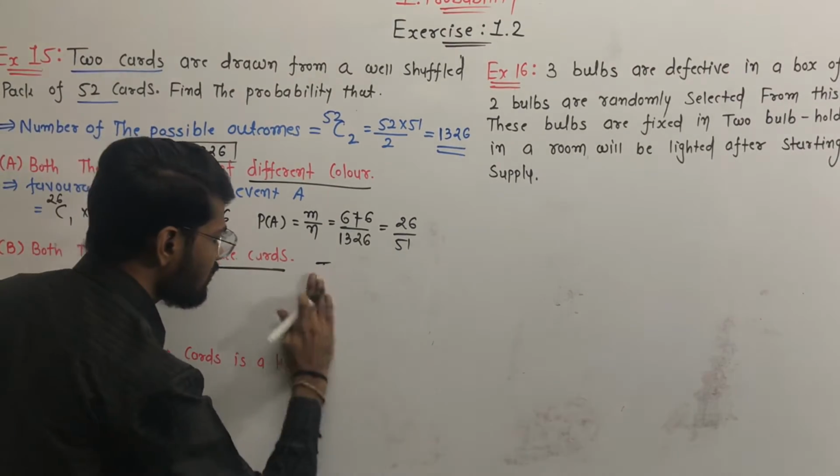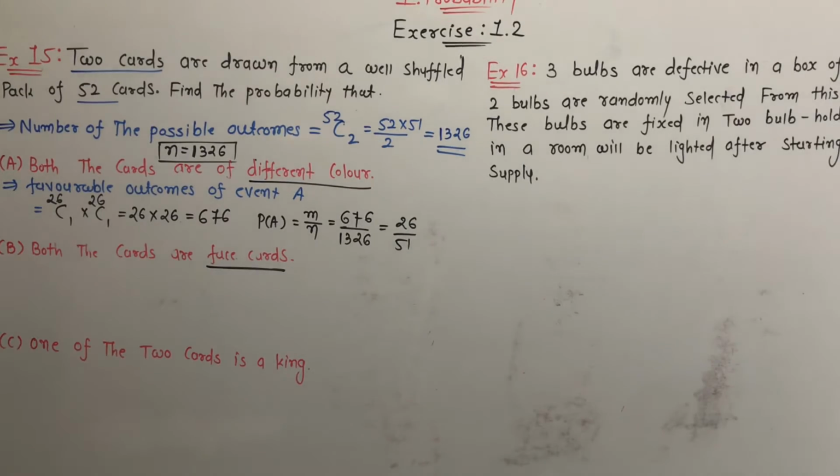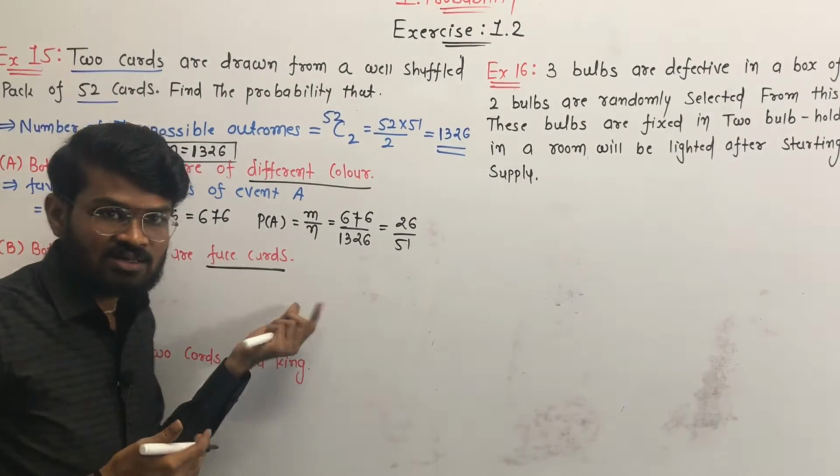So the number of face cards is equal to 12, and we have to select both cards out of these 12 face cards.